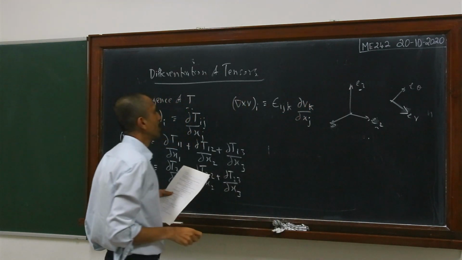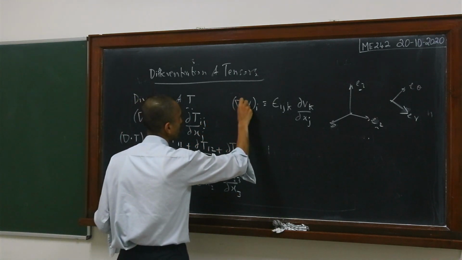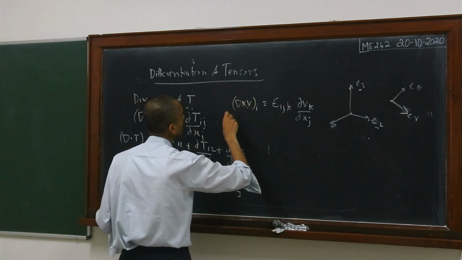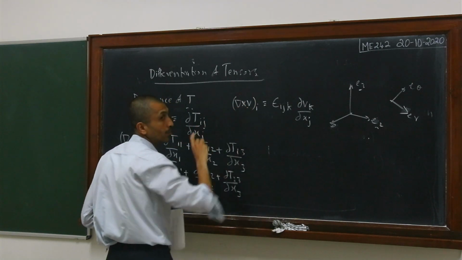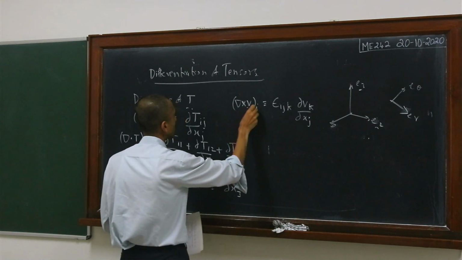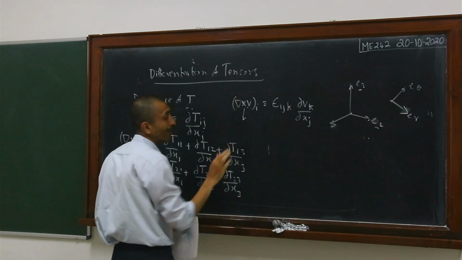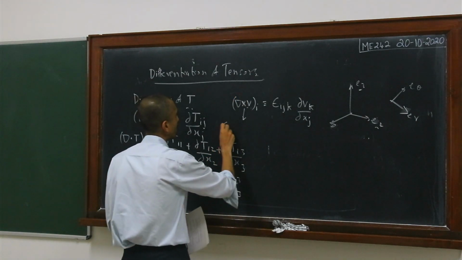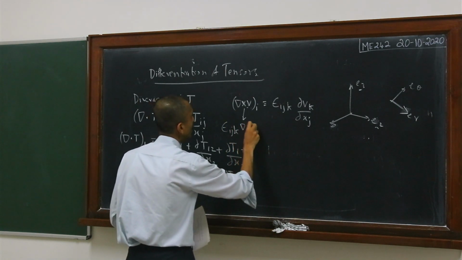You can see this is very similar to the cross product between two vectors. Suppose I treat del like a vector operator, then I can write it as epsilon i j k del j v k, correct?